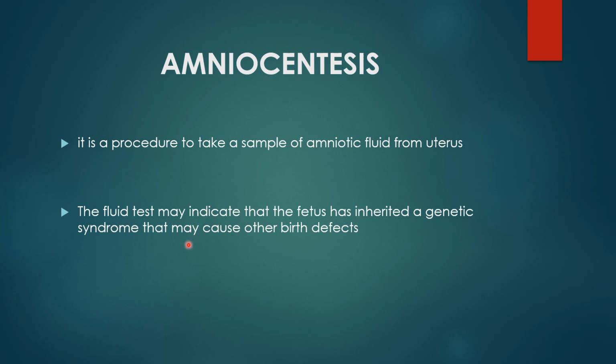The fluid test indicates whether the fetus inherits a genetic syndrome that may cause other birth defects. So the defect in the genes can be identified at this stage, which can help in prenatal screening of cleft lip and palate. So amniocentesis is one of the essential and basic tools of diagnosis of cleft lip and palate.